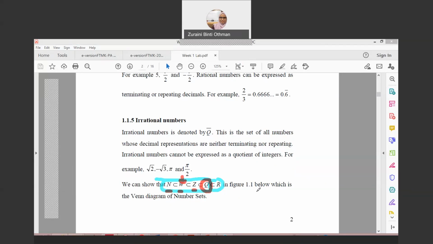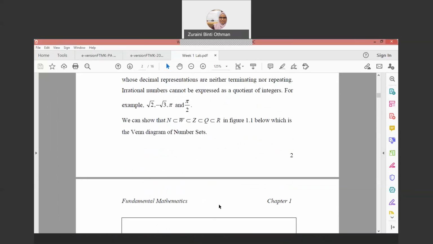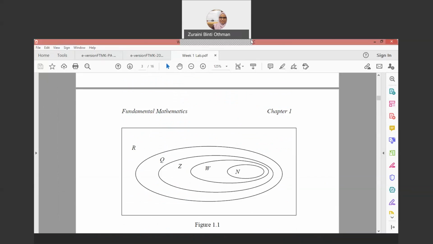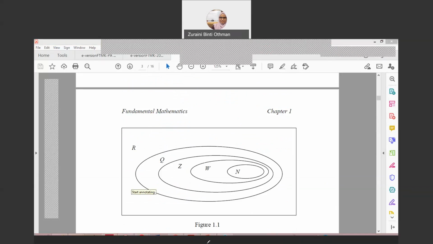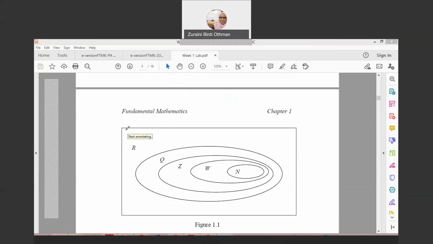So figure 1.1 below, which is the Venn diagram of number set. Okay, ingat balik Venn diagram number set. Macam ni kita nak mewakili number-number dalam satu Venn diagram. Figure 1.1 is real number system. Set semesta kita semua ni ialah semua real number.